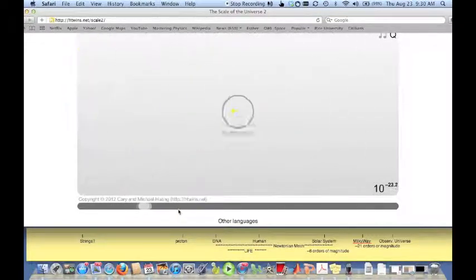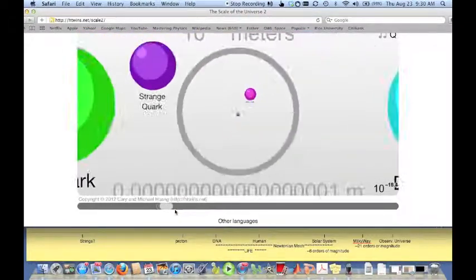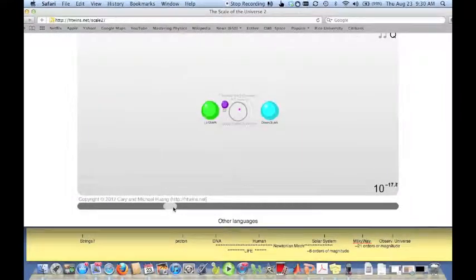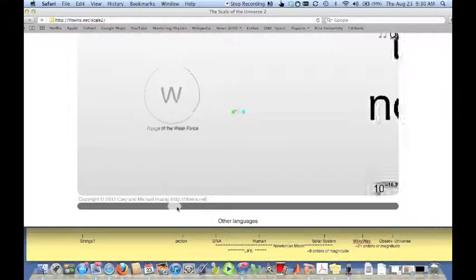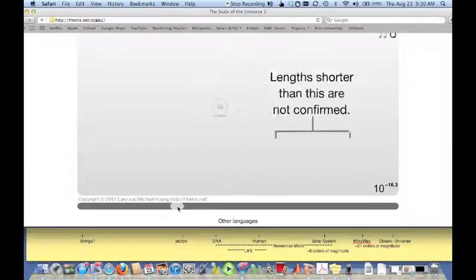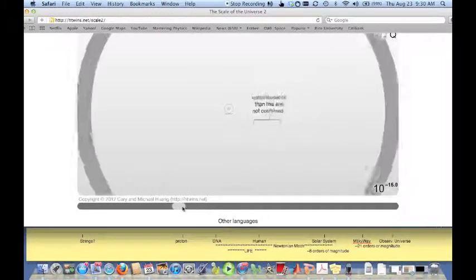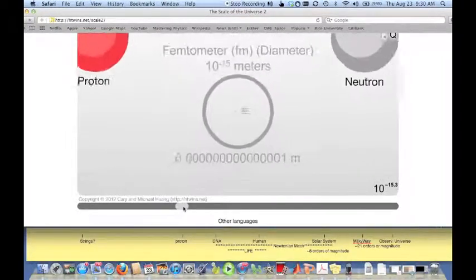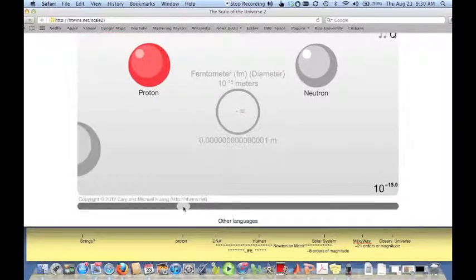There are some particles there that we know exist, but we don't know the size of them, so talking about their size at those scales is speculation. The particles are confirmed, but not the sizes. The first one where we're on firm ground is the proton. The size of the proton is about 10 to the minus 15 meters, and we know that pretty well.